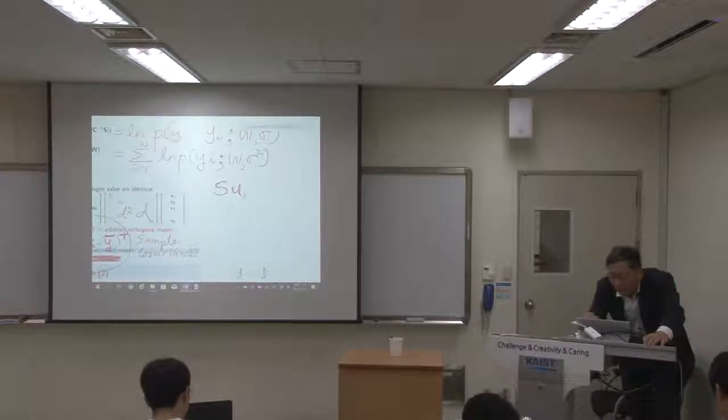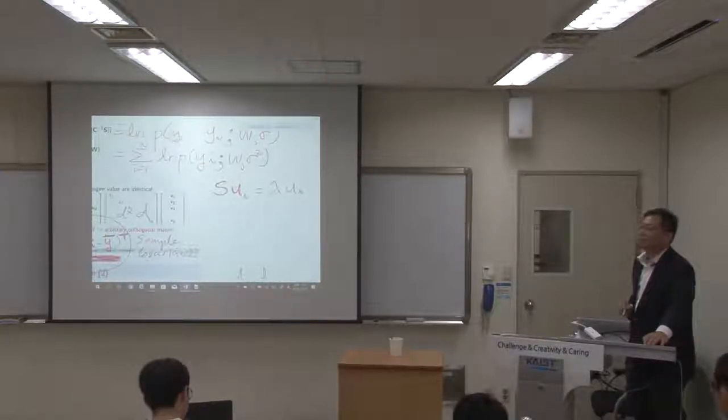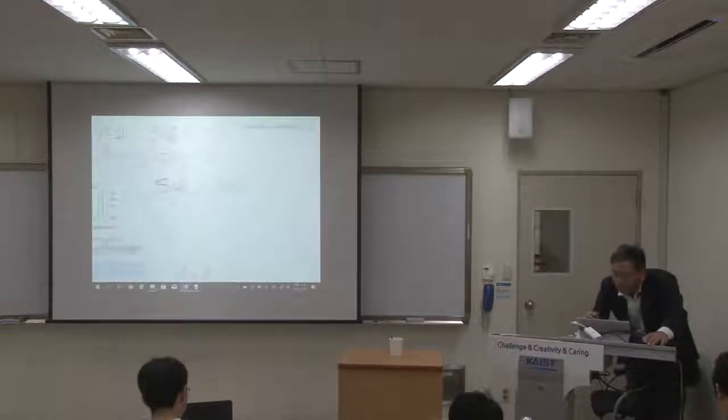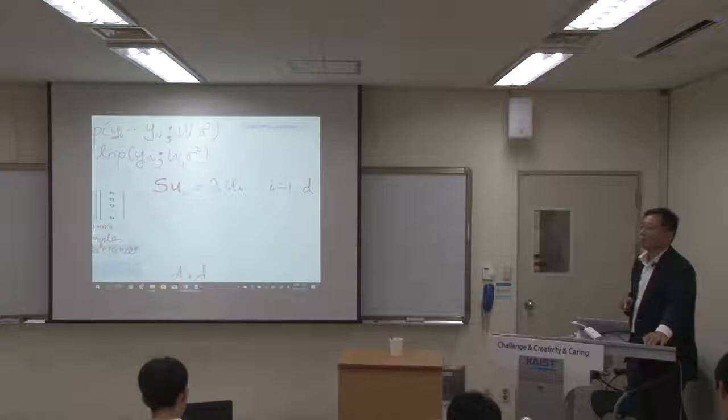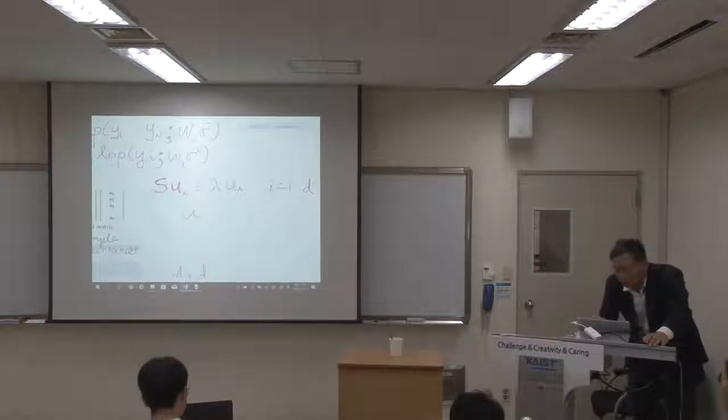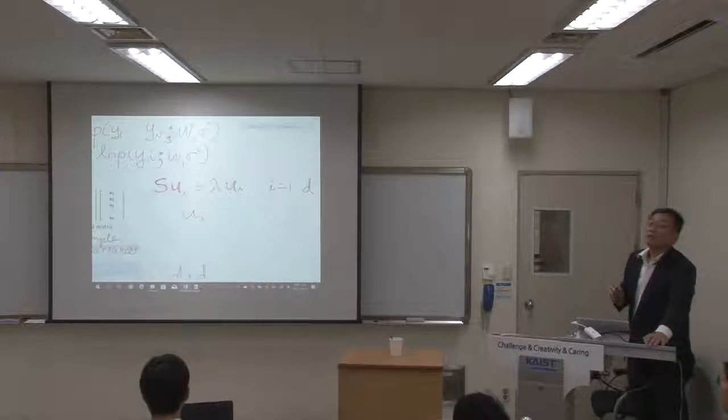S u_i equals lambda u_i. That's the definition of an eigenvector, right? And I have i equals 1 through d. What's the property of each of these u_i's? They are orthogonal.